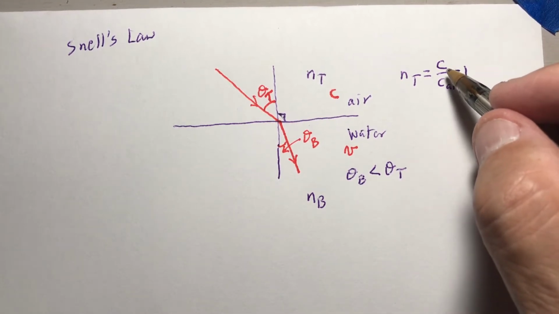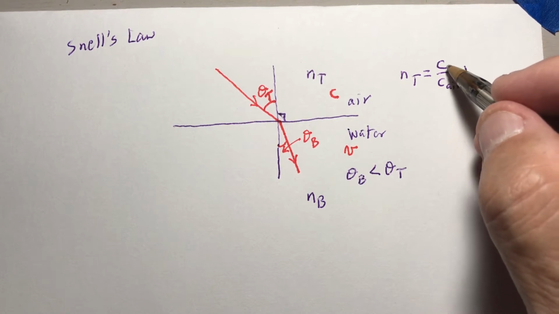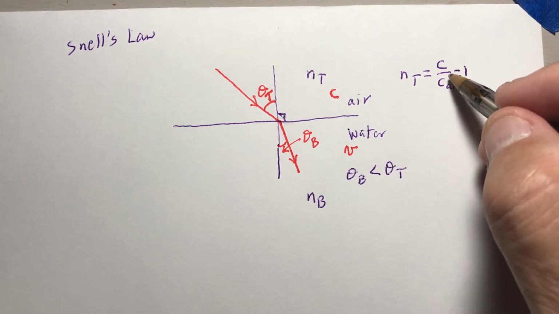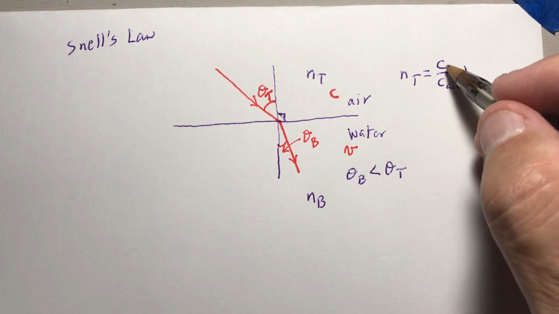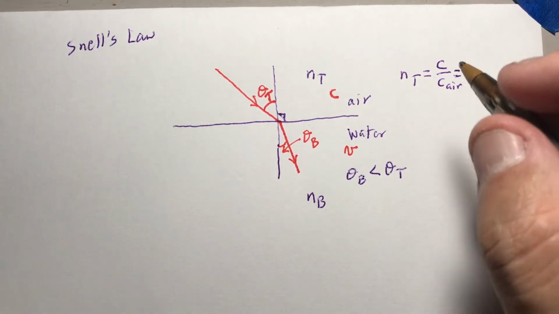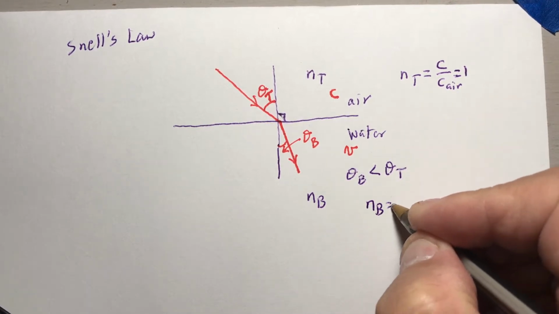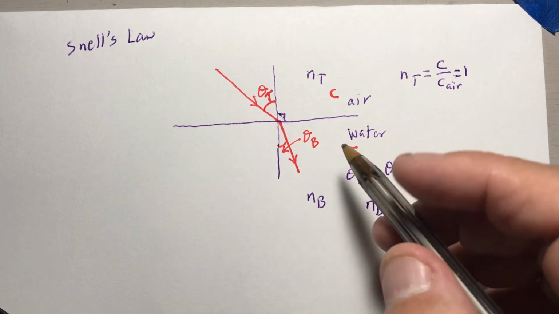You can see here there are no units. The unit cancels out. This is meter per second canceling out, so you just have 1. If you come here to n b, this is the index of the water.